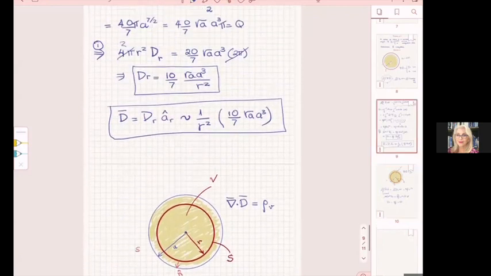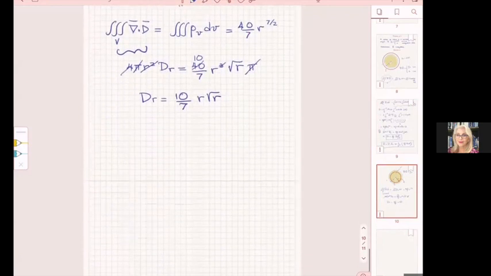Which means that if we were to plot this, it's going to start at 0 up to alpha, and is going to grow faster than linear.